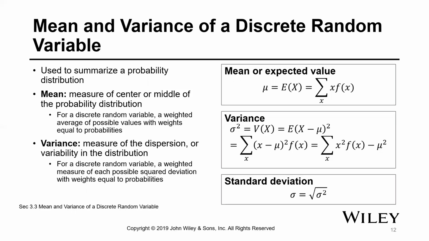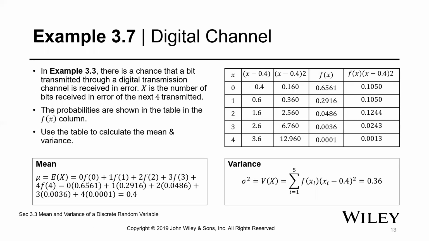If I were to take that x value minus the mean for each individual and square it, add them all up, I'll get my variance. And take the square root of that, I'll get my standard deviation. So what that means, I have an example here. This table, terrible, do not use it. I will take this table and make it make sense because they don't know how to make tables.